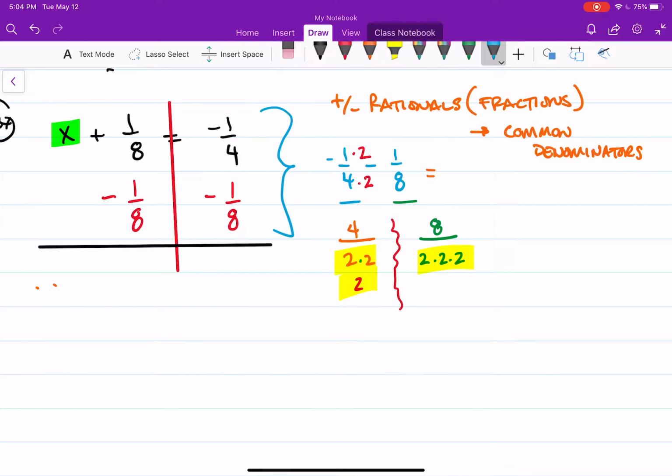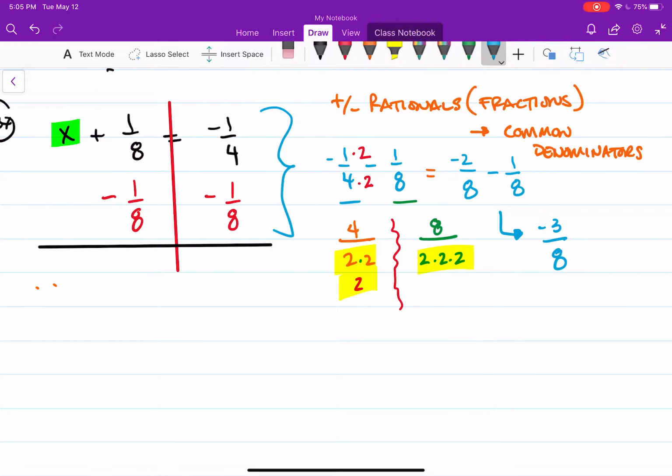So now I have a negative 2 over 8 minus 1 over 8. So what we said was then we add and subtract the top, keep the bottom. So this is now going to be a negative 3 over 8. So let's bring this back.